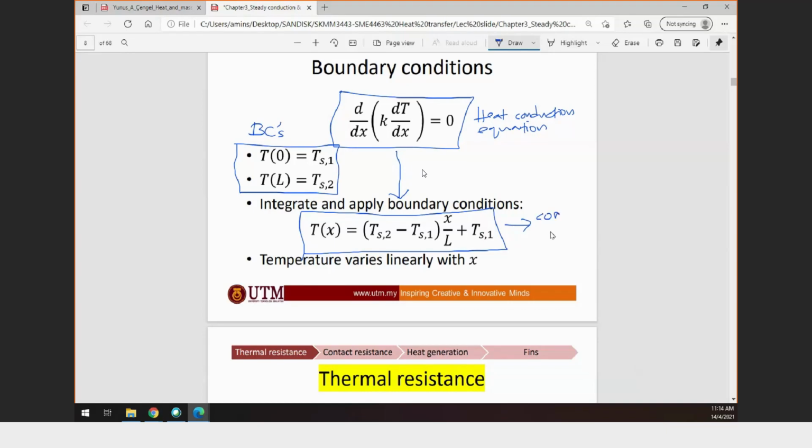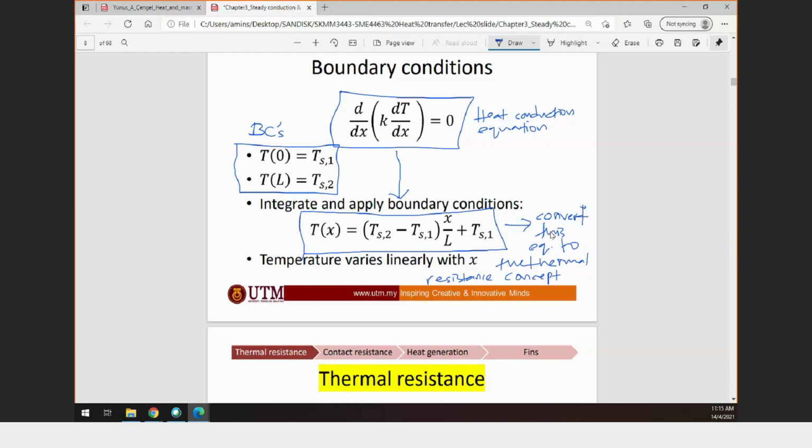This equation, to the thermal resistance concept. Okay, thermal resistance concept.